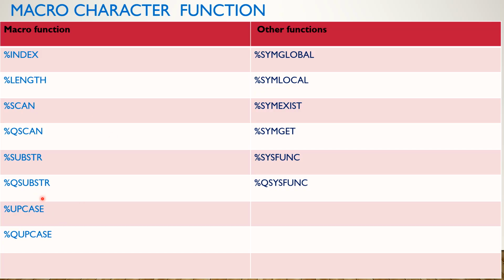Then only it will work. Okay. These are some of the character functions. If you want to use any of these character functions, you need to use the percent symbol. Okay. Other functions like %symglobal, %symlocal, %symexist, %sysget, %syspunc, and %qsyspunc. Okay.